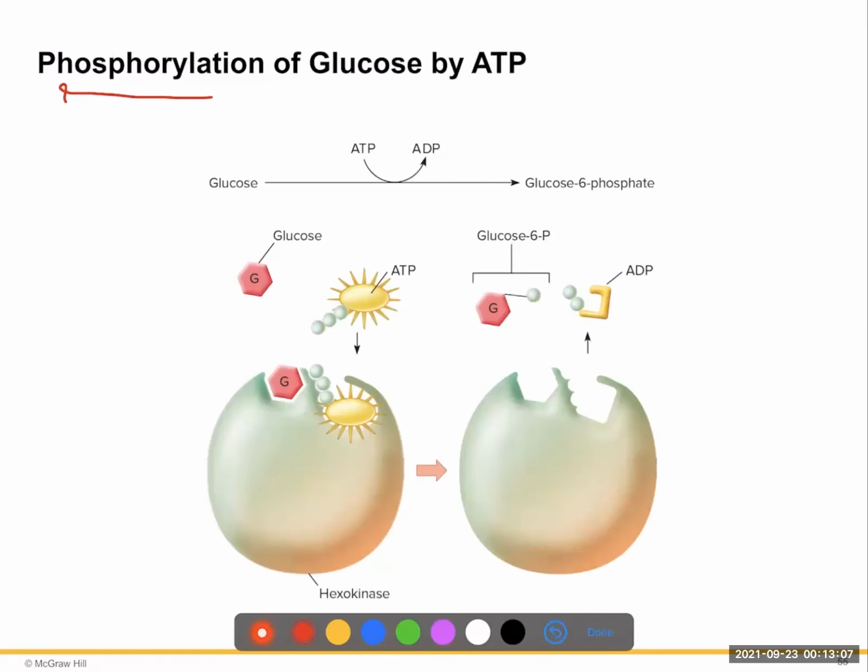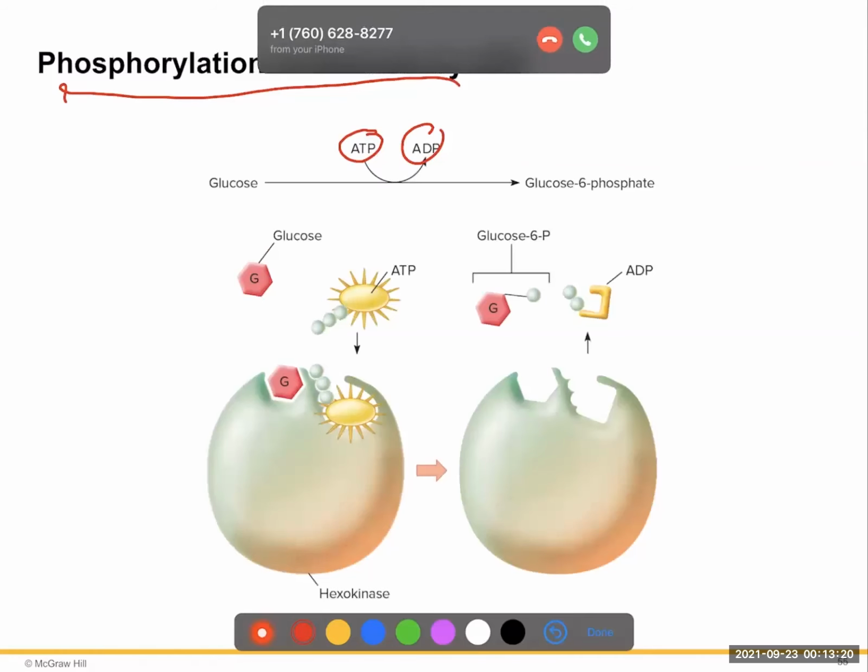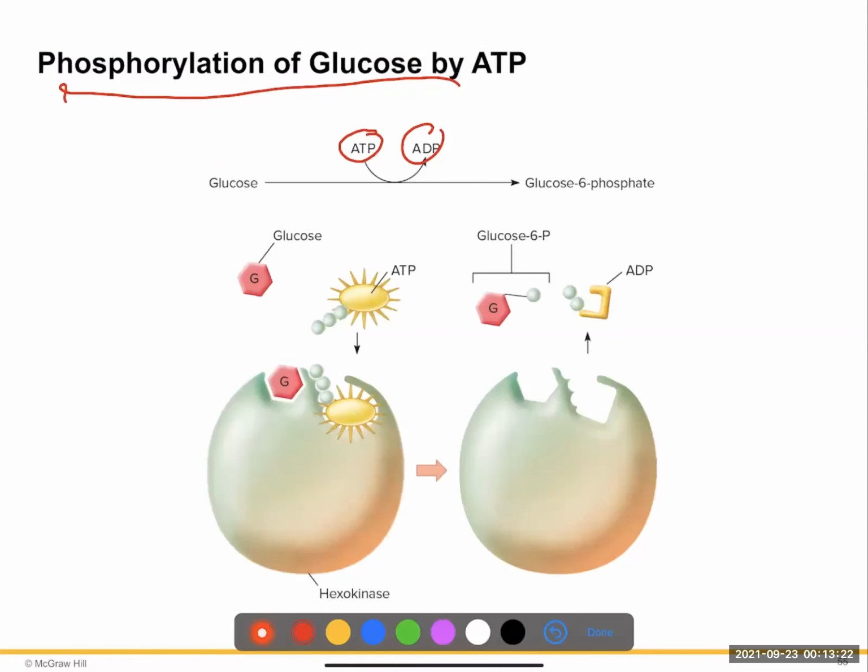Phosphorylation of glucose by ATP. So ATP goes to ADP. So we take glucose. This is the first step in glycolysis. We break down glucose in the body. Glucose is used as our food source. And glucose binds to the enzyme hexokinase. Okay. ATP binds next to it.